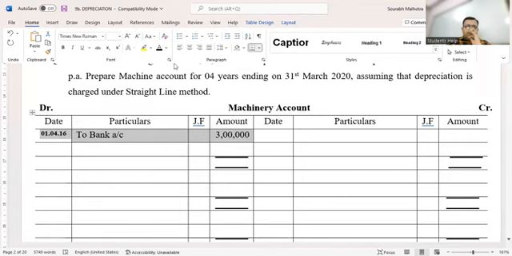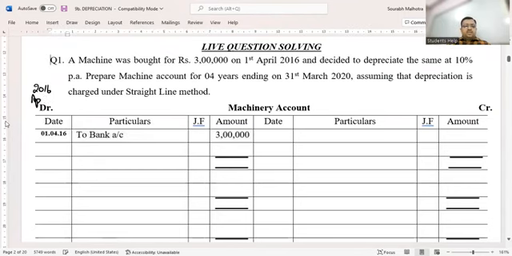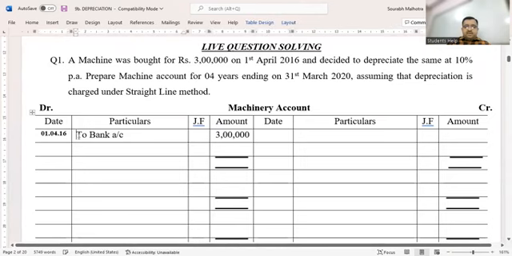The date format could be like this also. You can write 2016 April 1st. You can write 1.4.16, the way you feel convenient. To bank rupees 3 lakhs. Heard well? Be quick to this.